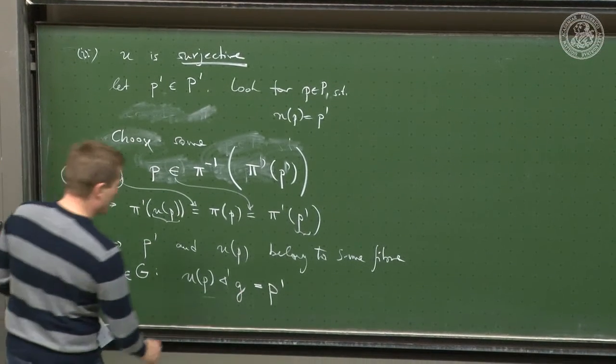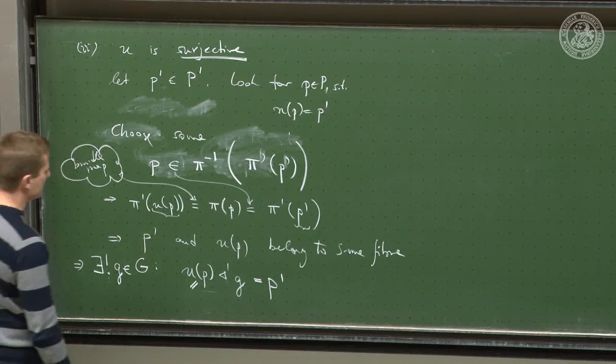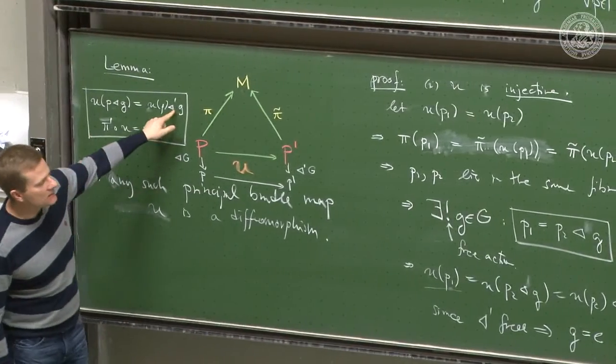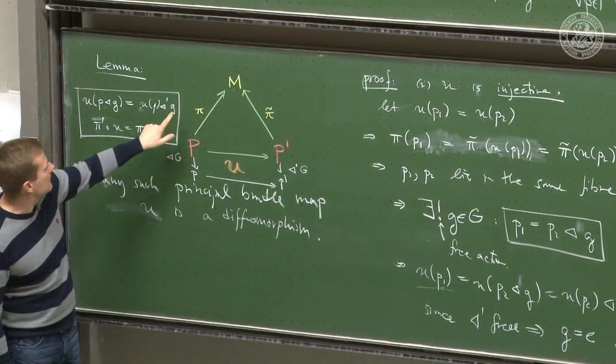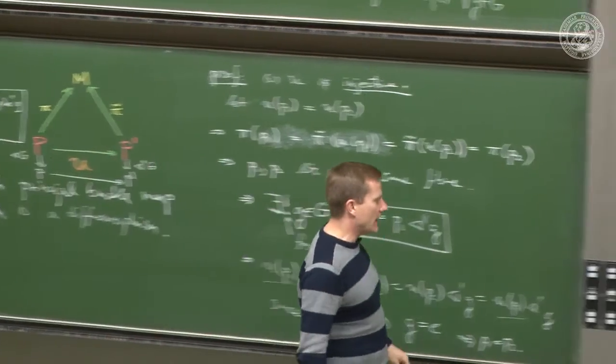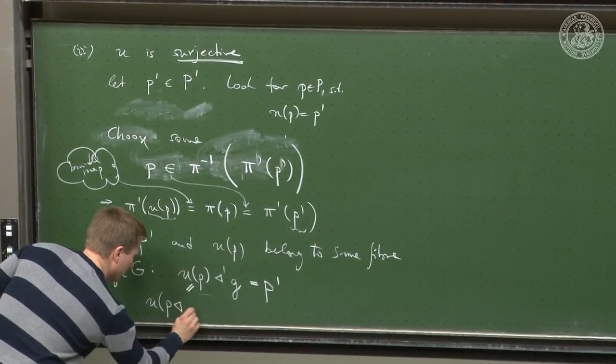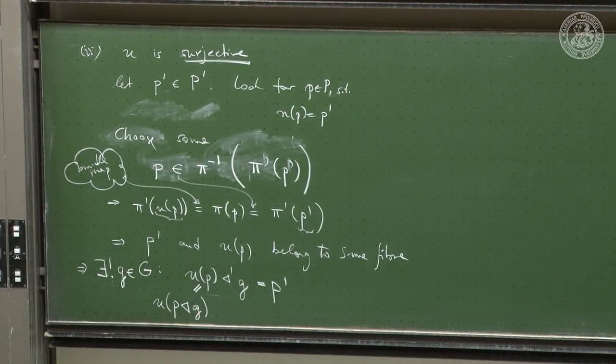Okay, but now you can look at this guy here again. So we are talking about a principal bundle map. So we have the u of p acted upon with the primed action by some group element G. That is the u of p where I first act on the p before I map it by the u, but now, of course, by the unprimed action. That's over here. And so we're done.